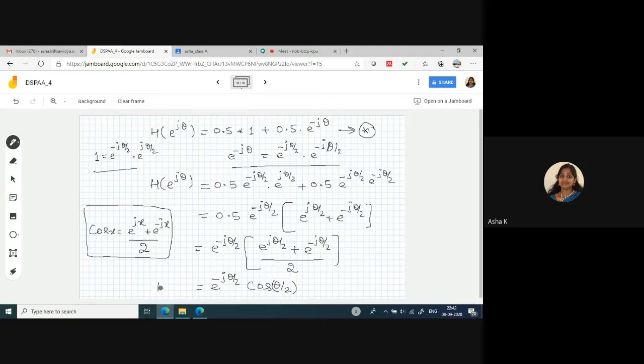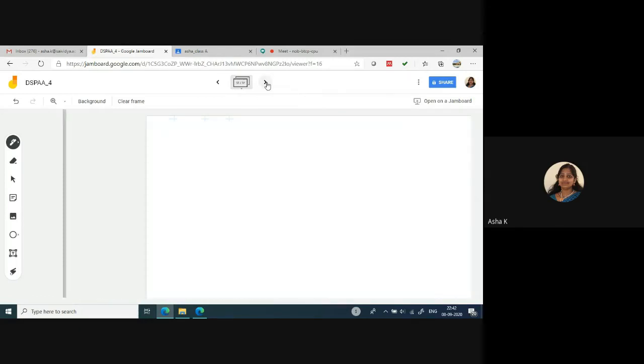So this is nothing but the frequency response H of e power j theta, equal to e power minus j theta by 2 into cos of theta by 2. Now we will write down the magnitude response and the phase response.